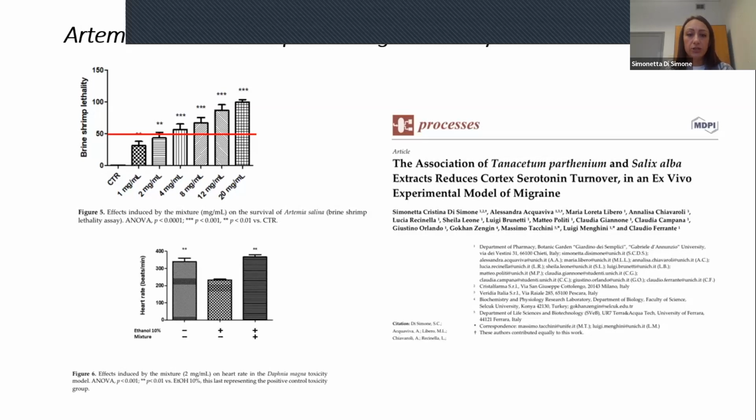At the concentration of 2 milligrams per milliliter, the mixture was able to prevent the cardiotoxic effect of the ethanol on the heart rate in Daphnia magna.